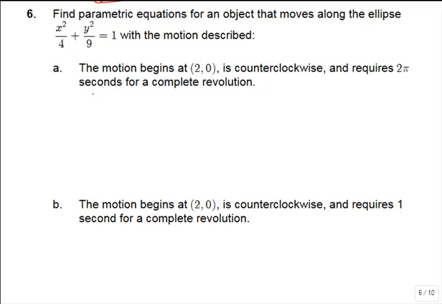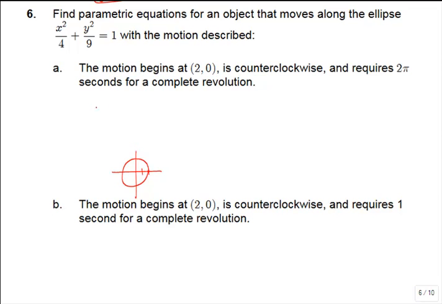So we want our graph to start at (2, 0) and go counterclockwise and complete 1 full revolution in 2 pi seconds. So we want it to look something like this. And this wouldn't have the shape of a circle, it would be that ellipse shape.